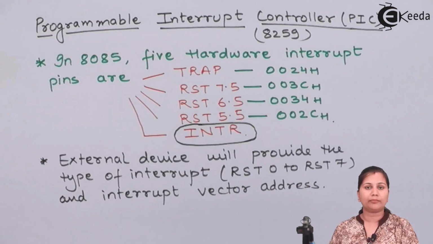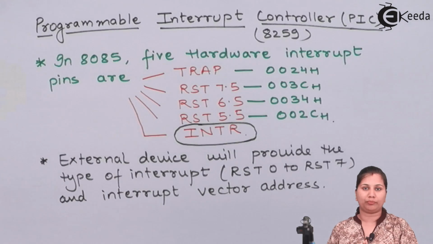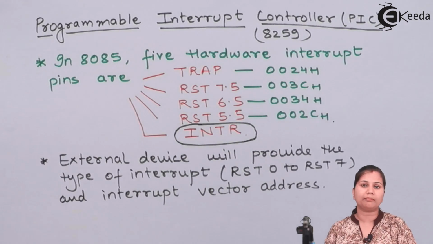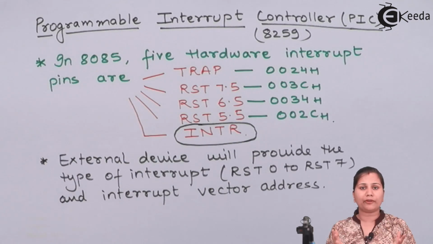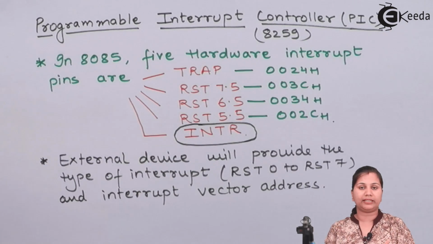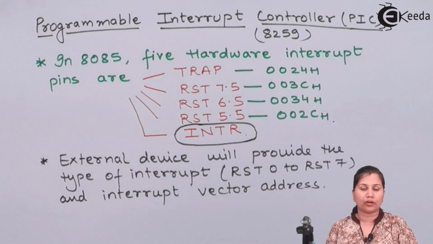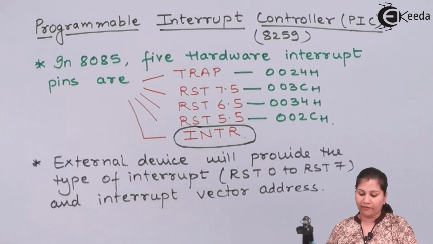Now let us come to the applications, where several input output devices want to communicate with the microprocessor. When there are a number of input output devices and all the devices want to transfer the data to the microprocessor in the interrupt driven data transfer mode, then in this mode, whenever any input output device wants to communicate with the CPU or the microprocessor, it is going to interrupt the microprocessor, saying that I want to transfer the data, so communicate with me.